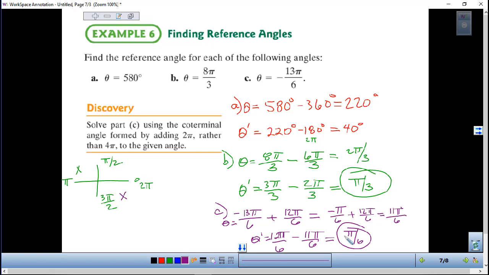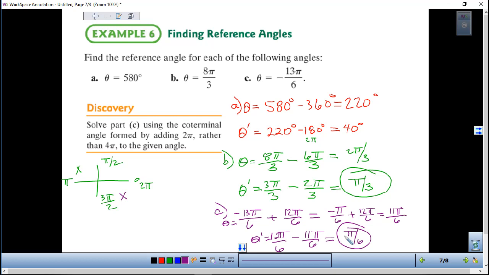Now, guys, once we know the reference angle, we know what we can use from quadrant 1 to find the sine value, the cosine value, all those trig function values, and we only have to go by what quadrant it's in as far as applying the signs, the positive or the negatives.